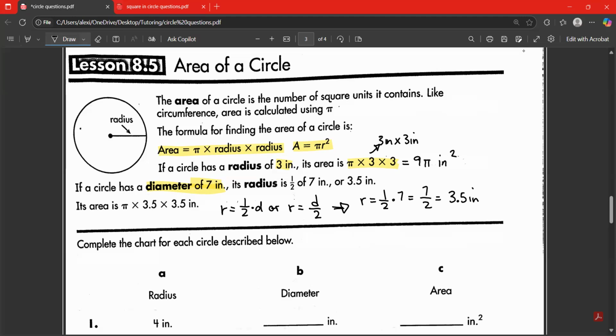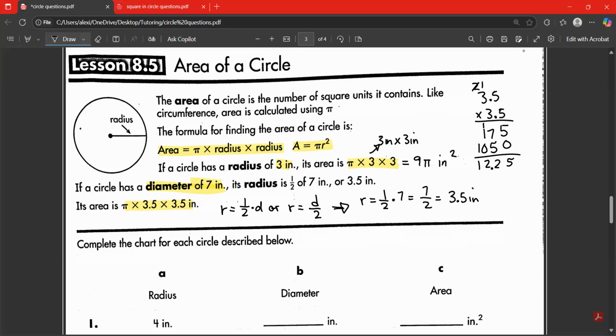So then we can find the area by doing pi times 3.5 times 3.5. And off to the side, we'll do 3.5 times 3.5, and we get 12.25.